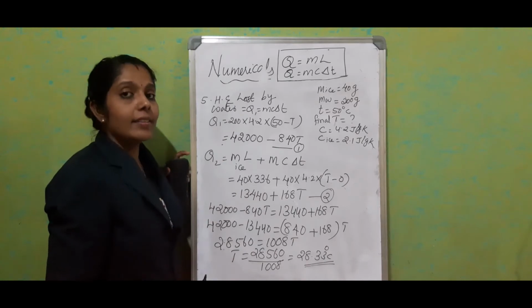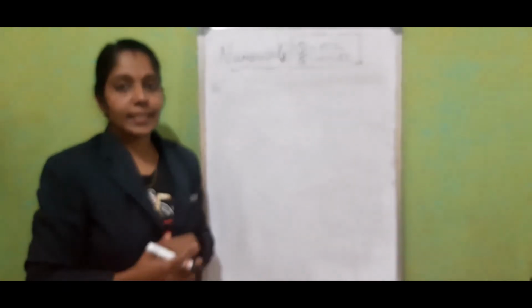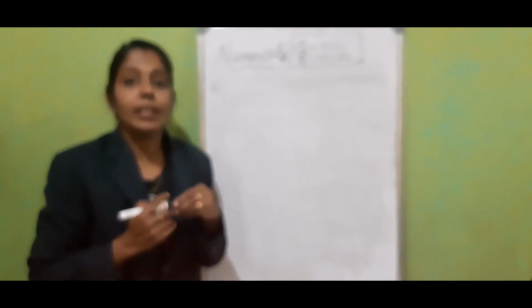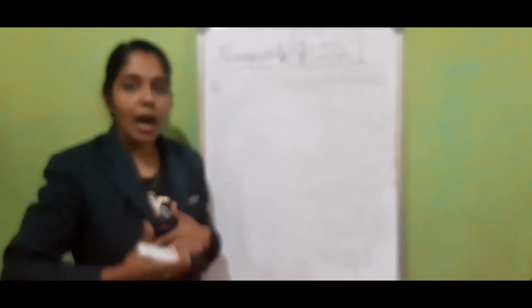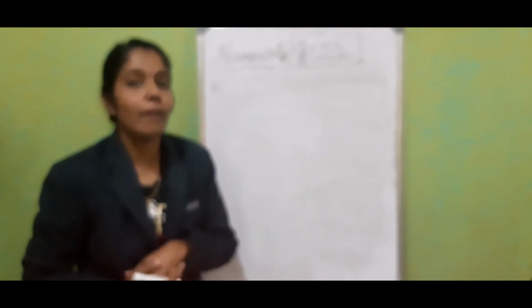Let's see the sixth question. We have 250 gram of water at 30 degrees Celsius, contained in a vessel of 50 gram, and we have to add some ice to bring the temperature back to 5 degrees Celsius.